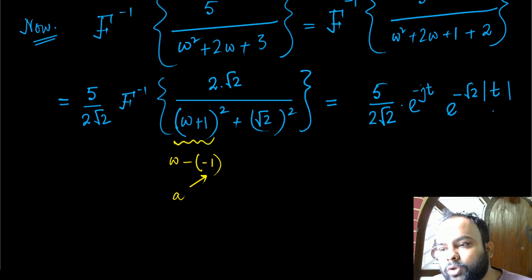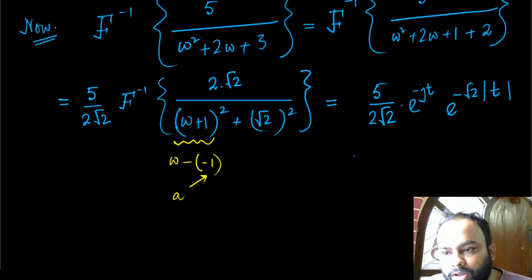So 5 by 2 root 2 into e to the power minus root 2 mod t, that was the inverse Fourier transform of 2 root 2 over omega square plus root 2 whole square. And e to the power j into minus 1 into t results as a multiplication with this because of the frequency shift we have here.